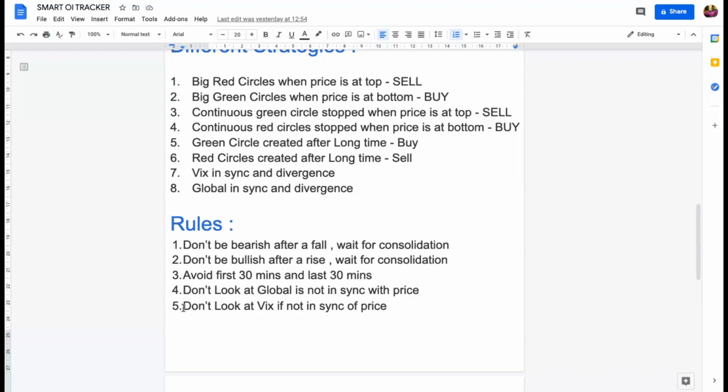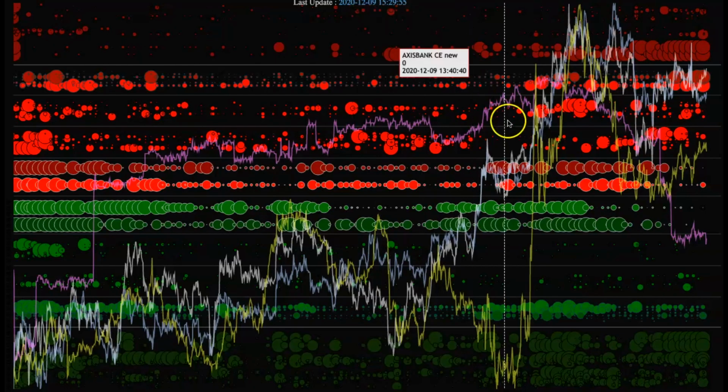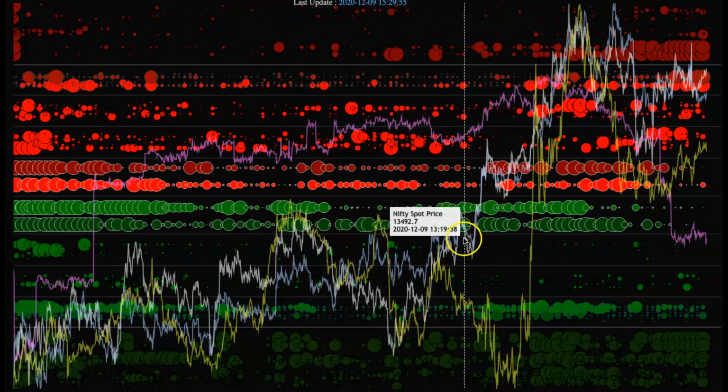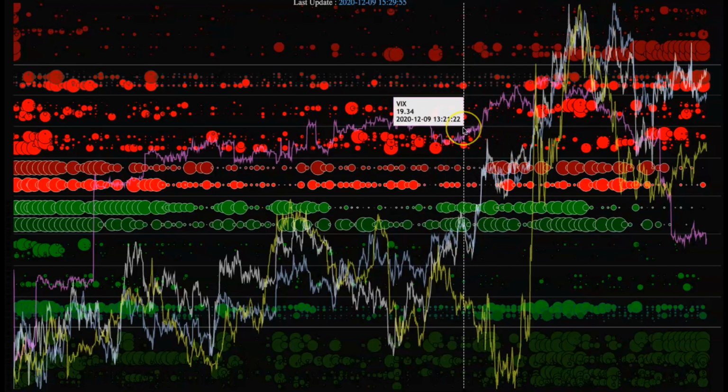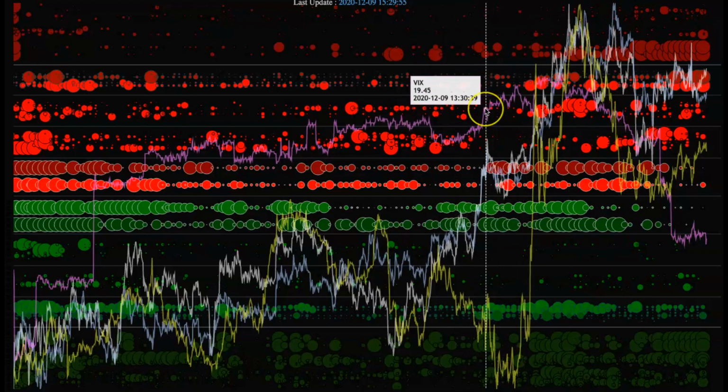If that situation is not appearing, like in this chart, the VIX is going up and our market is also going up, then the VIX is not in proper sync with the price. Basically the VIX should be in the opposite direction of the Nifty or Bank Nifty. So this is not happening. During these days also, do not look at the India VIX.